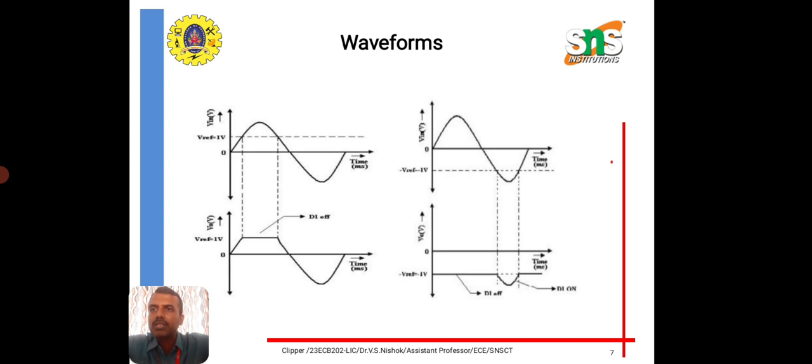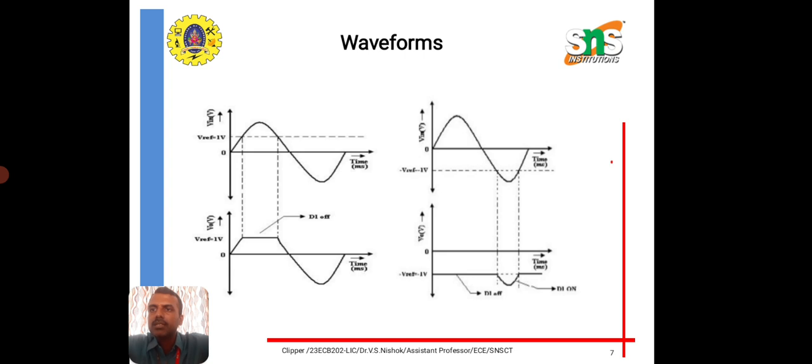The first diagram, above on the left, shows the positive reference voltage, and the second, above on the right, shows the negative reference voltage. First we concentrate on the positive reference voltage, considered as plus 1 volt, which is slightly greater than 0.